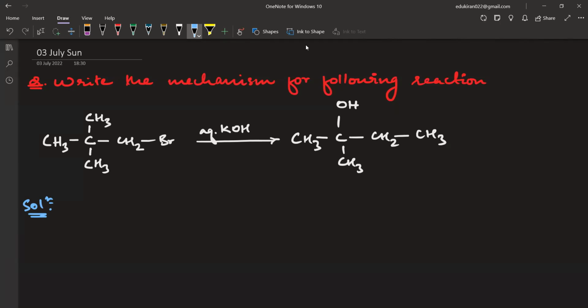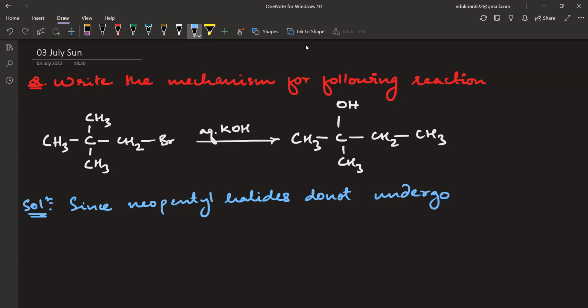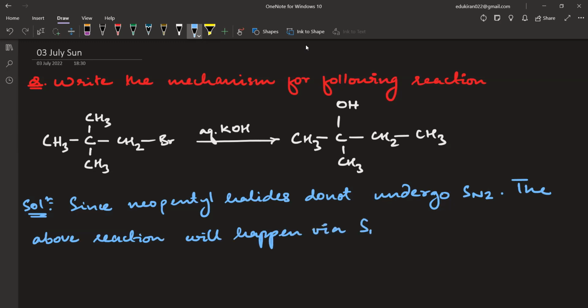First thing you will write: since neopentyl halides do not undergo SN2, the above reaction will happen via SN1.